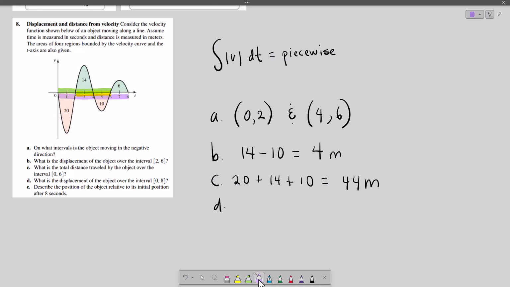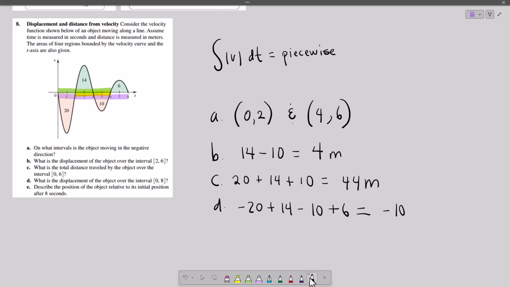So what do you think we're going to end up with? Negative 10. -10, exactly. So displacement, we're going to do -20 plus 14 minus 10 plus 6. So that's going to be -30 plus 20, so we end up with -10.